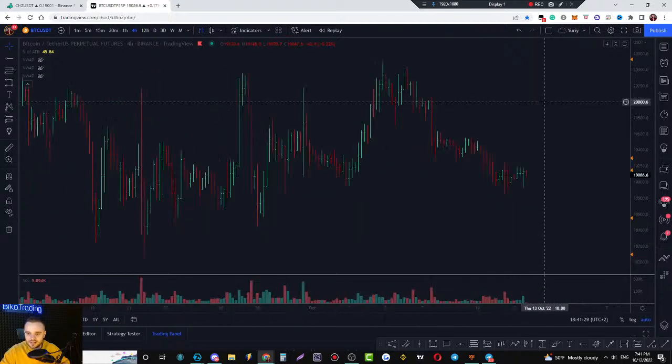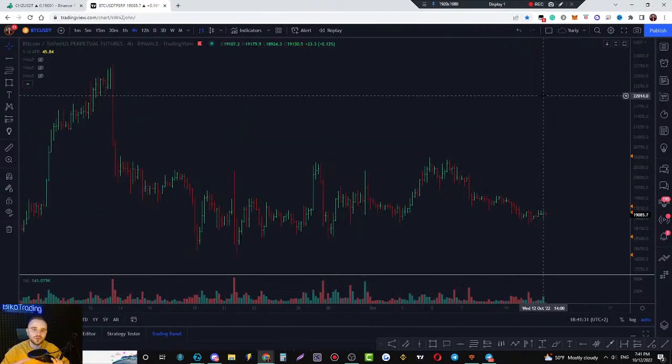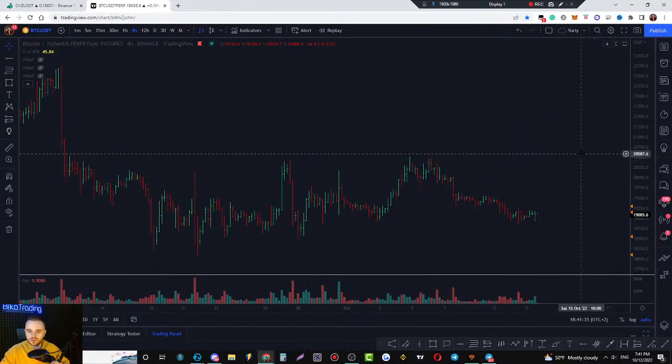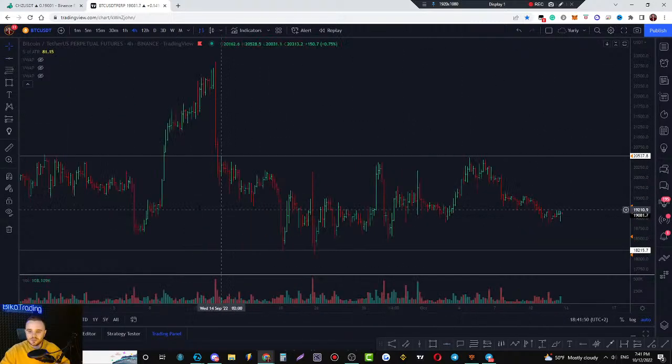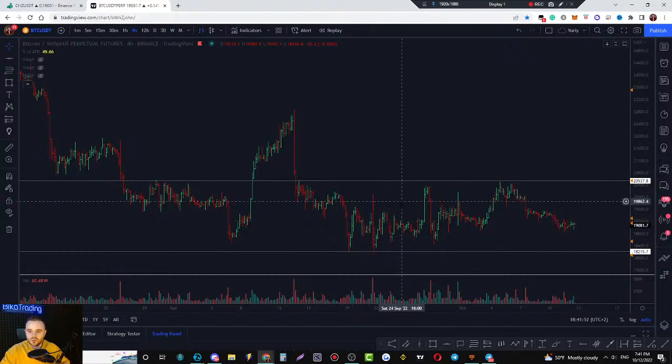Okay, let's start from basics. Before you do any analysis on a crypto, always start from a bigger time frame, because only a bigger time frame gives you understanding of what's going on at huge time scales, because whales work mostly on bigger time scales. At this moment, Bitcoin is in the middle of this range. What does this mean for us?